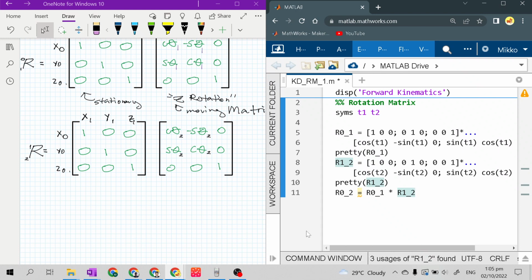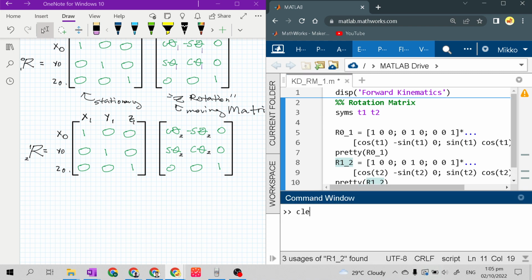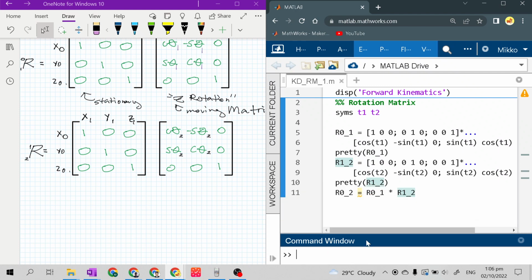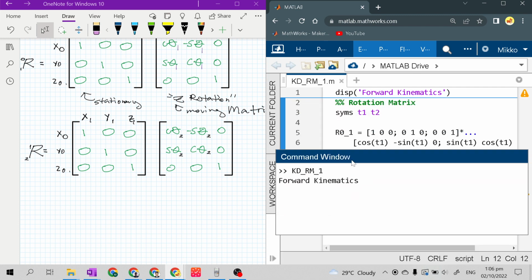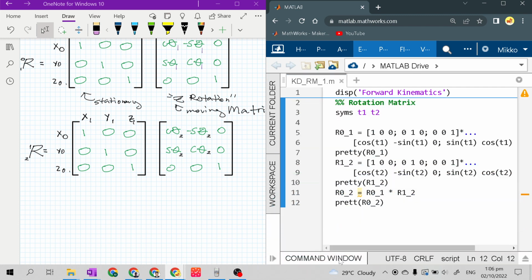Before pressing F5, let's clear all to make sure we don't have values in the workspace, then CLC. Let's also make it pretty. R02, R0 underscore 2. Okay, F5. The answer should be at the command window.